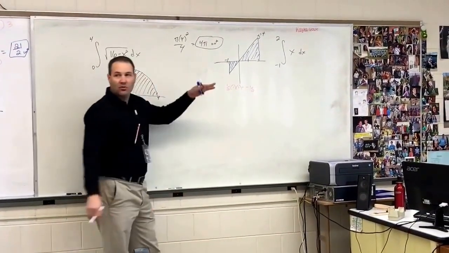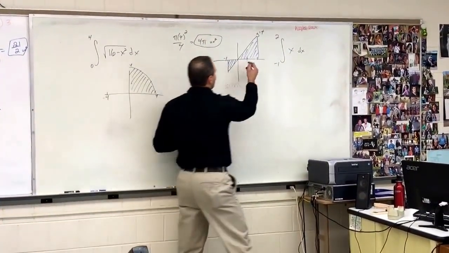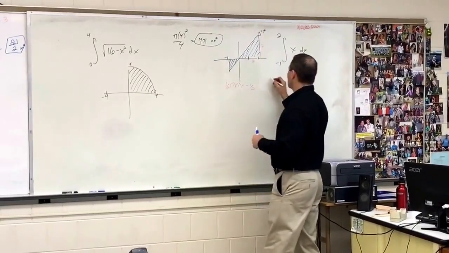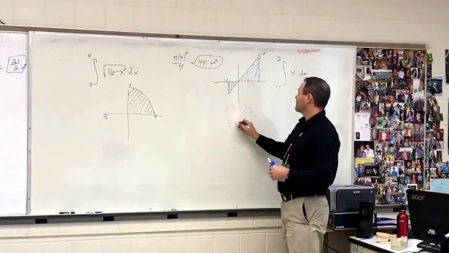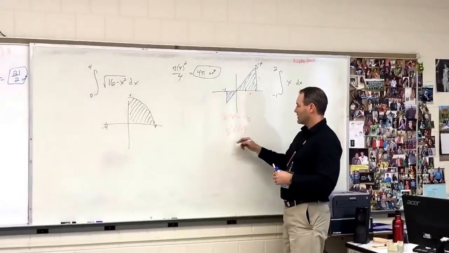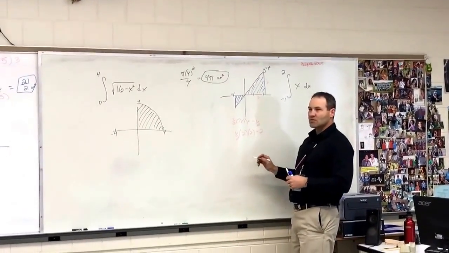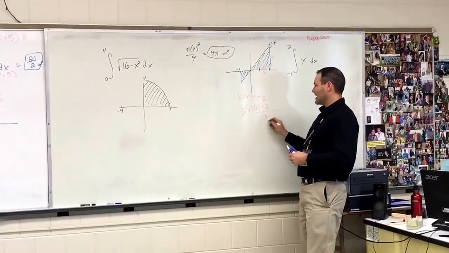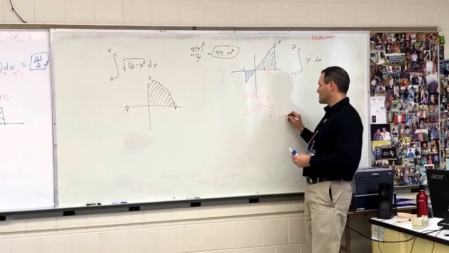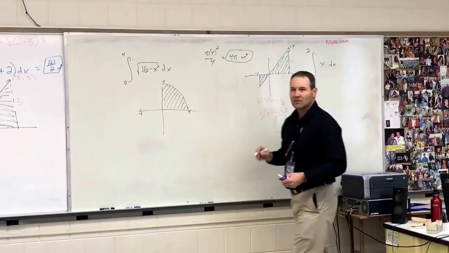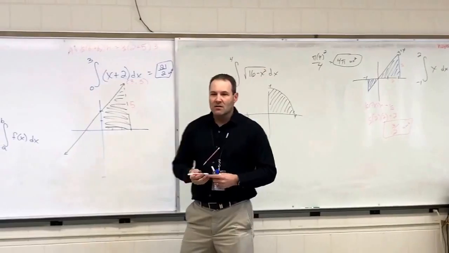Because it's below the x-axis. And this one would be 1/2 times 2 times 2, which is 2. So our answer would be 3/2 units squared. If we just write u squared, we know what it means.